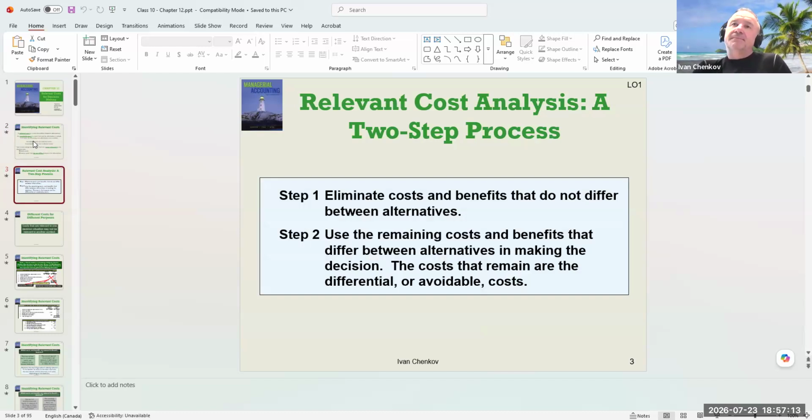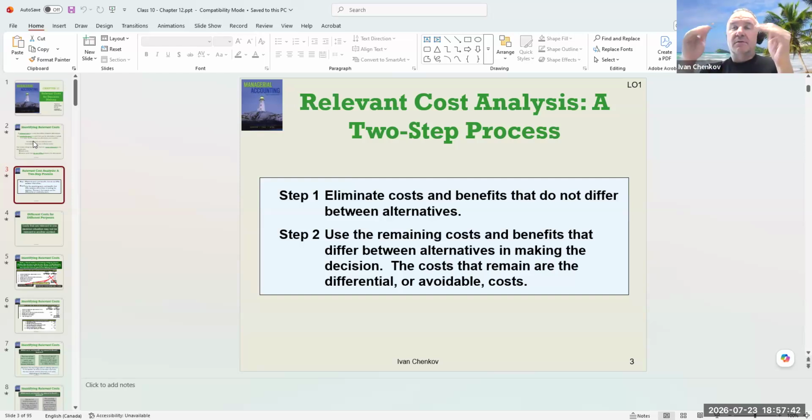Step 1. How are we going to identify which cost is relevant and which one is not? Step 1: eliminate the costs and benefits which are not different between one alternative and another alternative. So we find the first alternative, then the second alternative, then start comparing costs and benefits from one and the other.